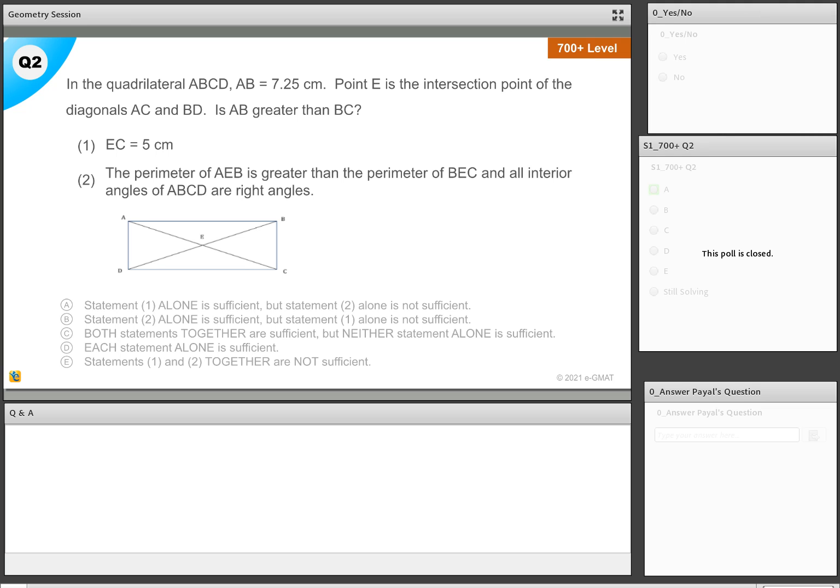And here is your last question in this section. Please click on still solving. Yeah, you guys are now getting in the habit of clicking on this. Good. Okay, and here you go.